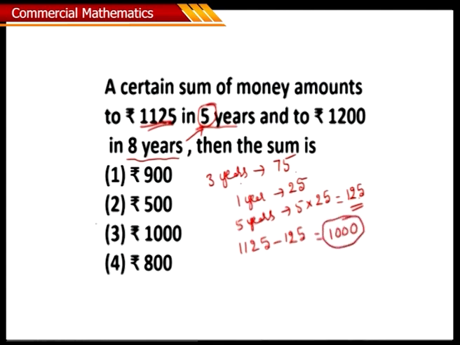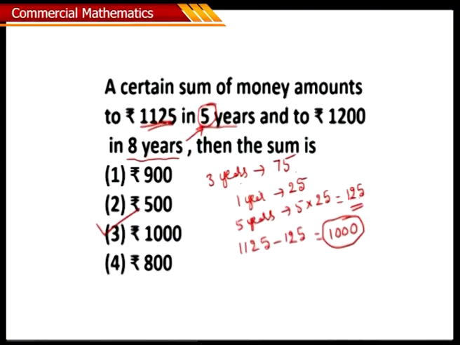So when we are considering a sum of 1000 rupees, the 5 years interest is 125 rupees, which means the rate of interest is 2.5% per annum. Per annum the rate of interest is 2.5%.